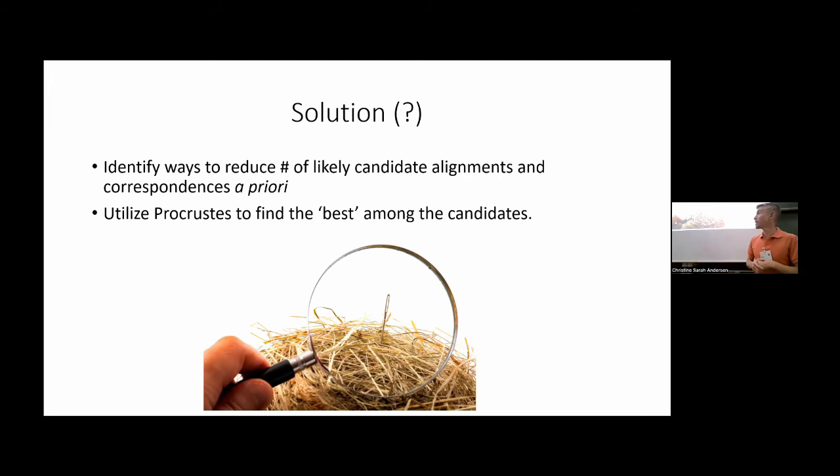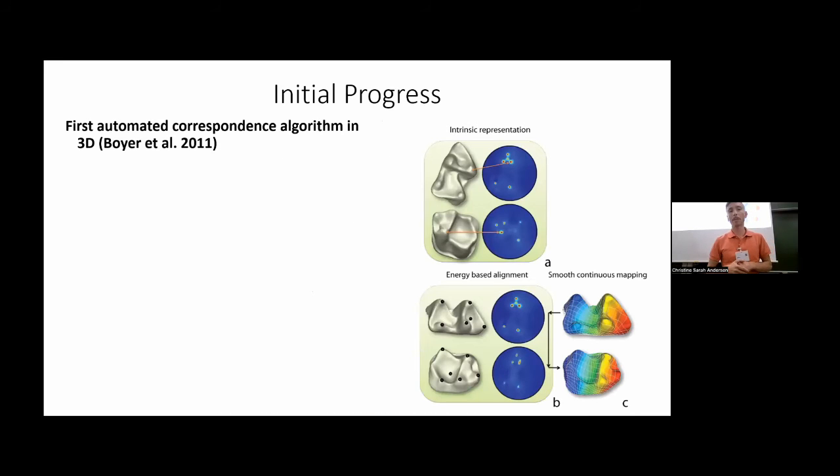So one way that we started this process a few years ago with Sean and other members of that research group is to utilize Procrustes to find the best candidate among a reduced space of potential mappings.